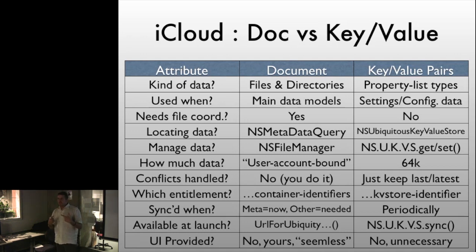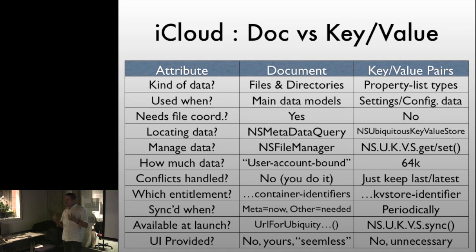There's also a 64K limit on the actual keys and values themselves. So the limits are the same right now. They may bump up the size of the total amount of data that you can store in key value pairs, but the keys and the values for right now are limited by 64K as well.